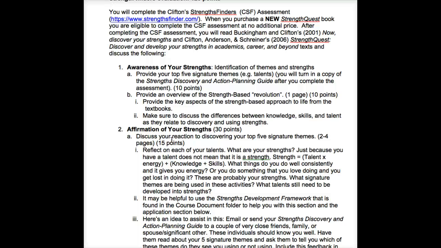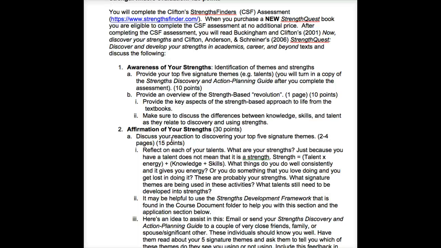I also want you to discuss the differences between knowledge, and there's two different types of knowledge, what is a skill and what is talent, as they relate to discovery and using strengths. You should also have, I don't have it in the syllabus, but what is a strength?